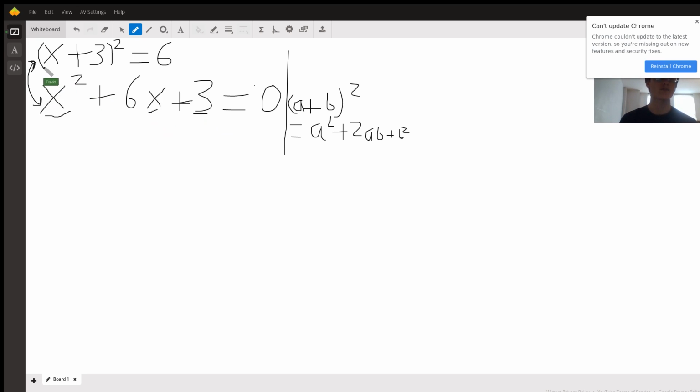Now, after some practice, you'll see something like (x + 3)^2 = 6 and immediately recognize it as a quadratic. But if you want to be sure, you can always expand it out and see if you can put it in this form, where the general form of a quadratic is a times x squared plus b times x plus c equals 0.